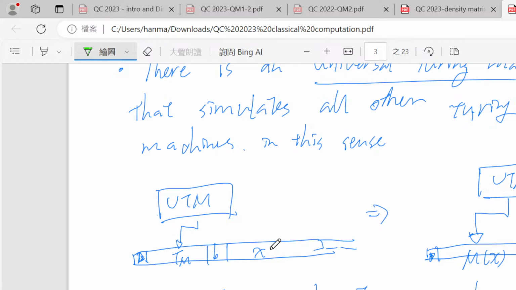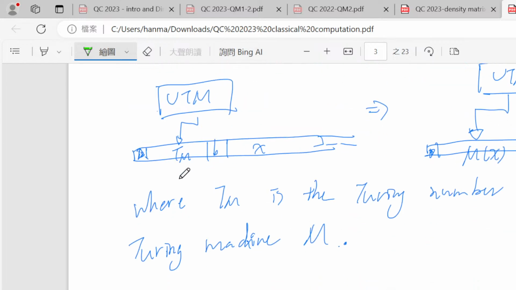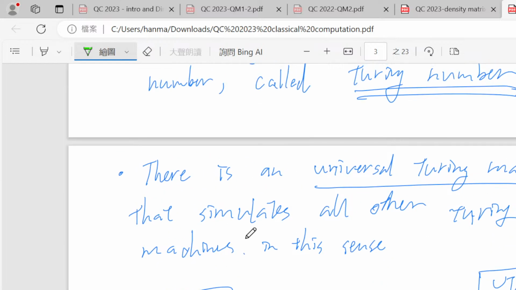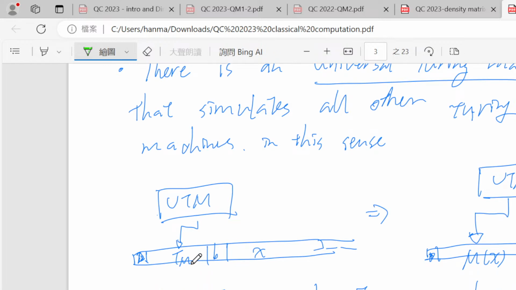Okay. And yeah, so to say, Tn is the Turing number for the machine N. So the universal Turing machine can simulate every Turing machine in this way. So there is an infinite number of Turing numbers, so this starting part can be arbitrarily long.